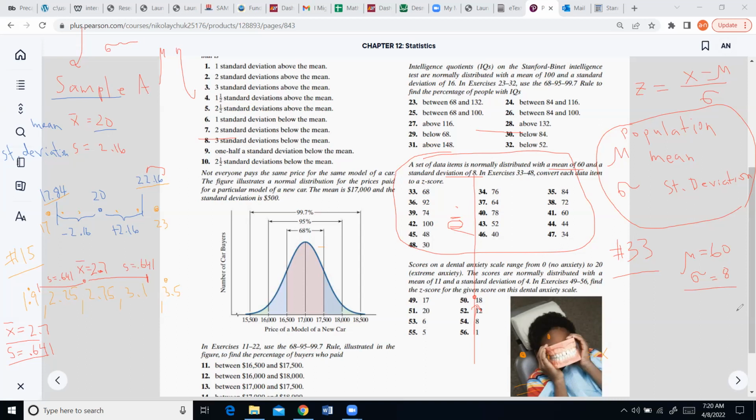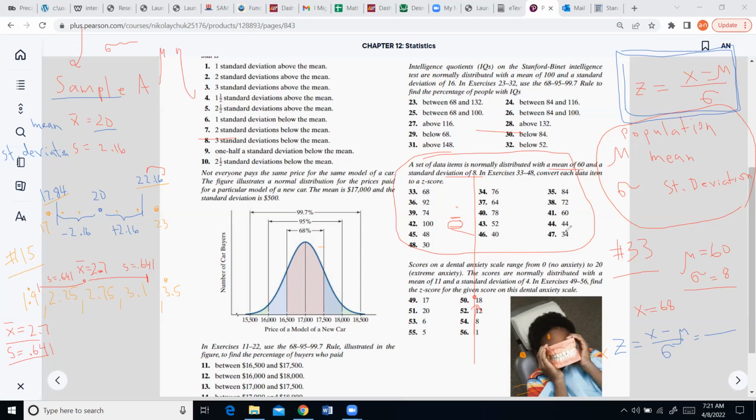Oh, okay. So they say if you want to convert x equal to 68 to that special so-called z-score that we'll be talking more about a little later, then it turns out that I'm going to have to use the formula x minus mean over standard deviation and try to convert it.